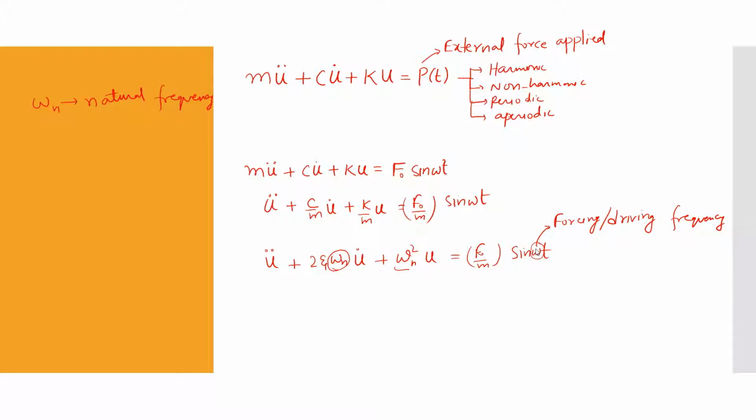So natural frequency is the inherent property of a body or any structure. And omega here, in sine of omega t, is the external frequency, we can say forcing frequency or driving frequency.